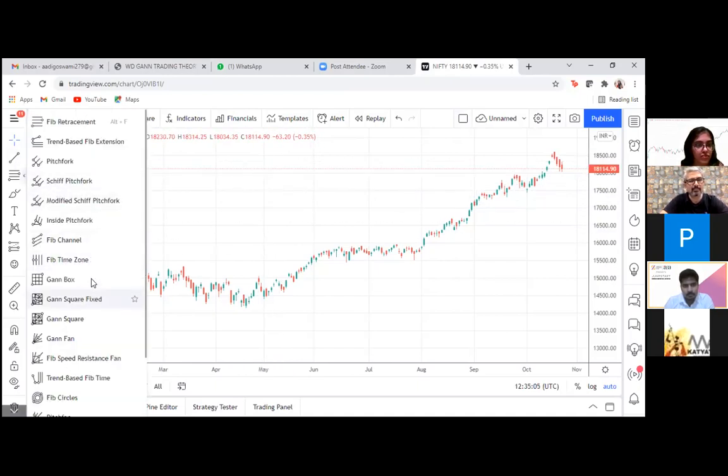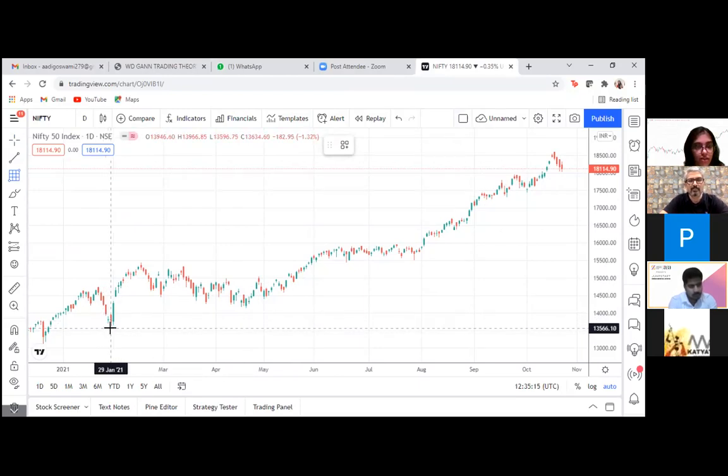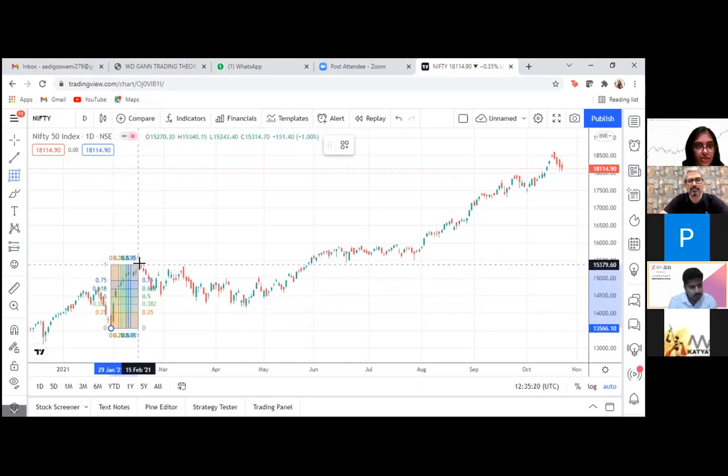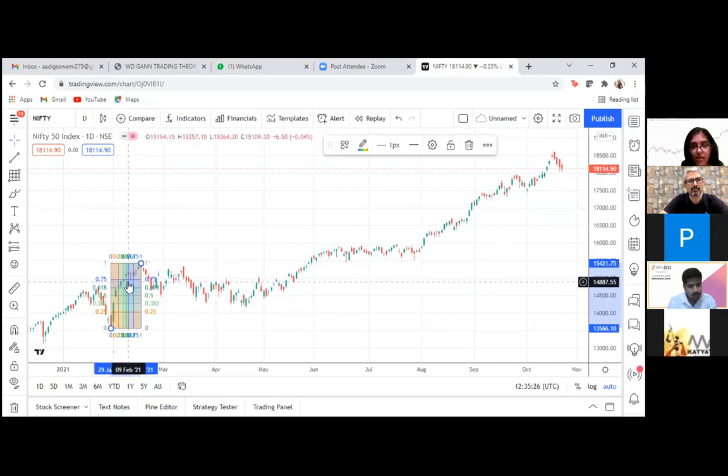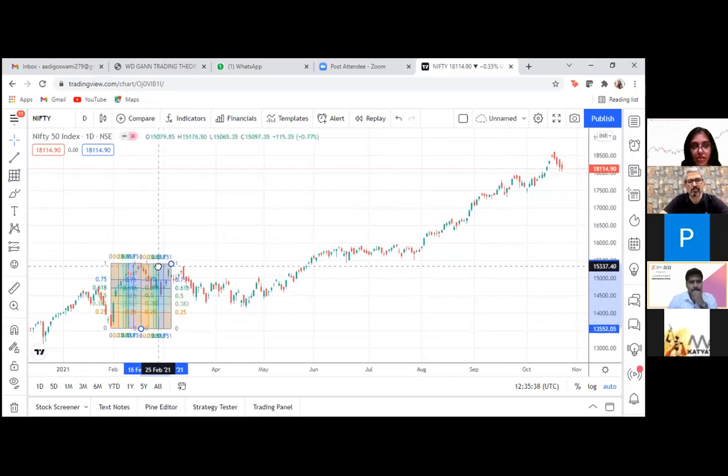So, square box here. Say for example, I have to look at low to high here, if we see. So by choosing Gann square, I can put from swing low to a high and clone it and place them next to each other.